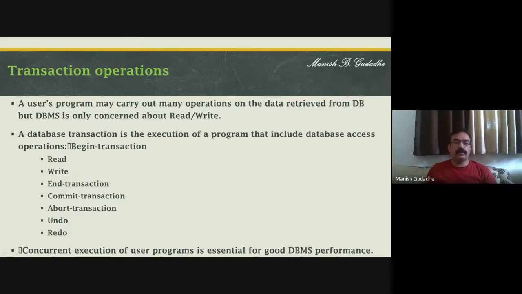Okay, so concurrent execution of user programs is essential for good DBMS performance. So we have to maintain concurrency, but for that, our transaction must be powerful enough, or our system must be powerful enough, to commit the transaction or abort the transaction or undo all the changes which are made, or probably sometimes redo all the changes which we have made.